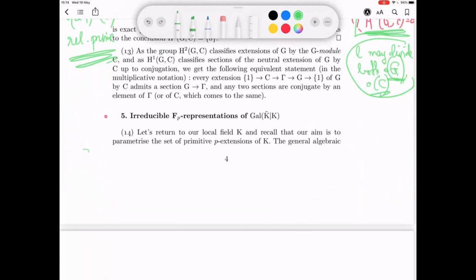So if I have a group G and M is a G module, that means that M is a commutative group with an action of G.